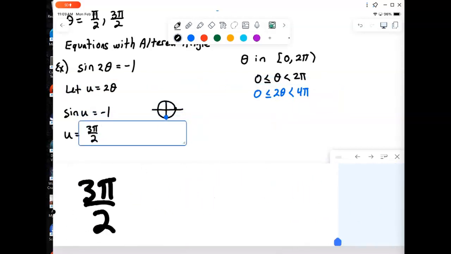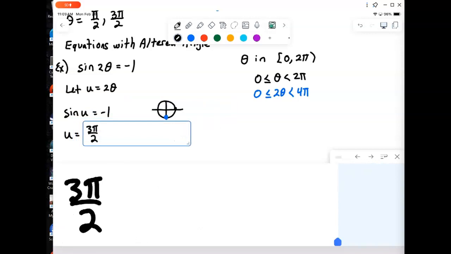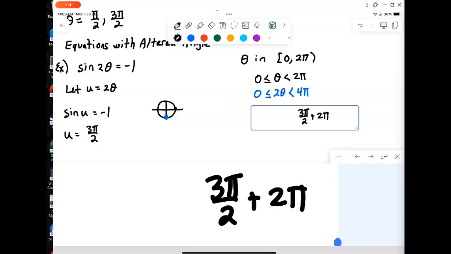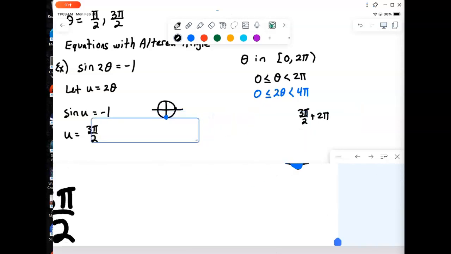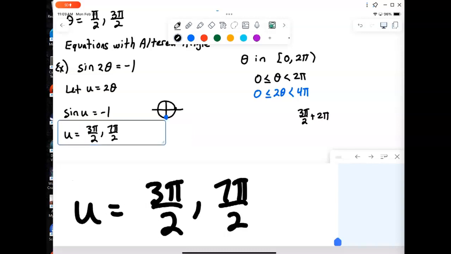So as we go the second time around the circle, what would this be? Well, that would be the thing that is coterminal to 3 pi over 2. In other words, it would simply be 3 pi over 2 plus 2 pi, 1.5 plus 2, which would be 3.5, or 7 pi over 2.